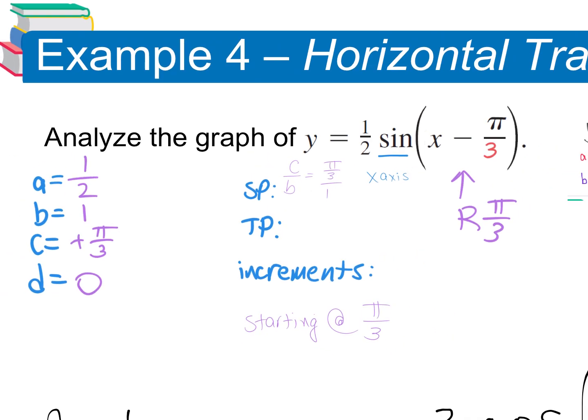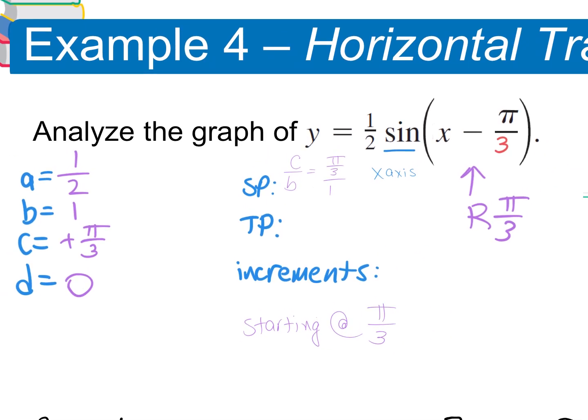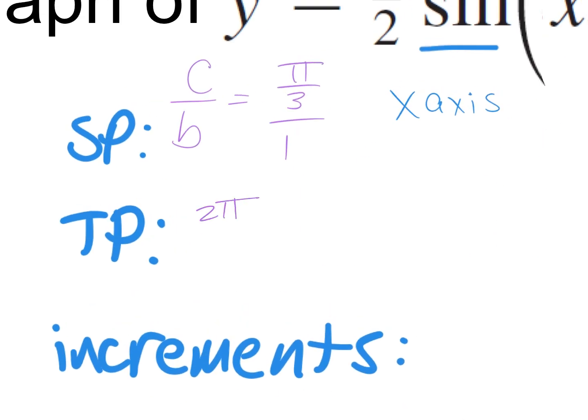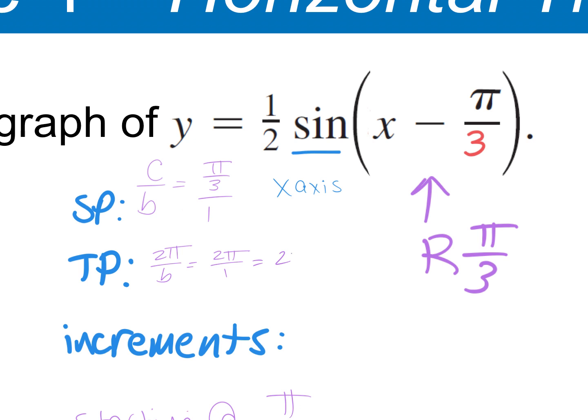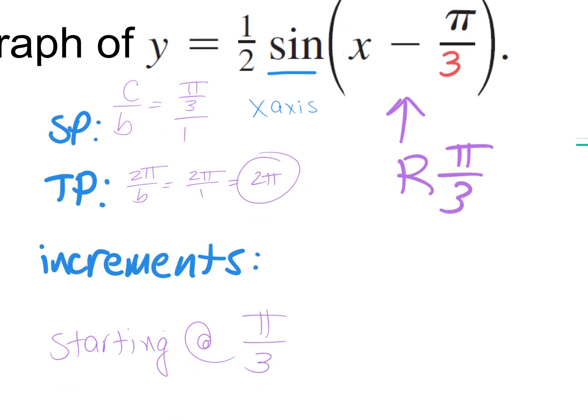So my time period. How do we find time period? 2 pi over your B value. Well, what's my B value? 1. So 2 pi. The reason that's important is because we have to find our increments. We have to find what we have to add to our starting point.